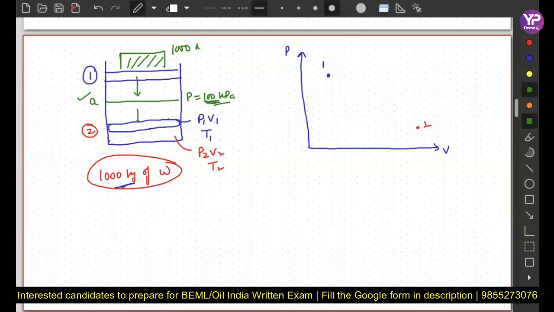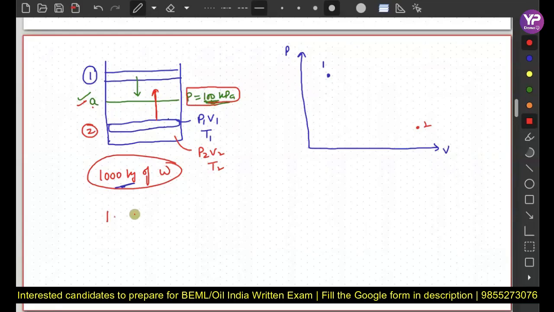Now tell me, the new position of the piston is position 2. If I remove the weight at position number 2, what will happen? The slider will move back to 1, passing through position A. So when the piston is moving from 2 to 1, is it a necessary condition that at position A the pressure is again going to be 100? Tell me yes or no. Understand my question?